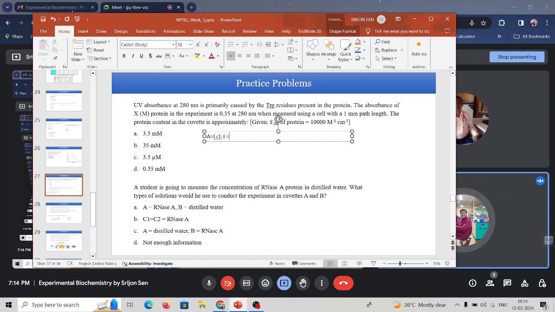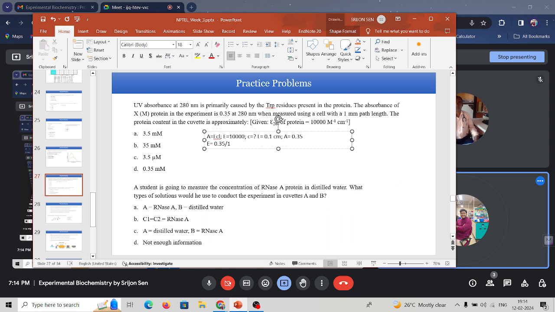We know this equation: epsilon is given as 1000, C is not known to us, L is given as 0.1 centimeter, and we know absorbance is 0.35.